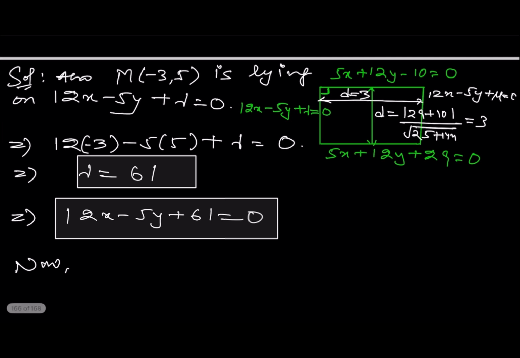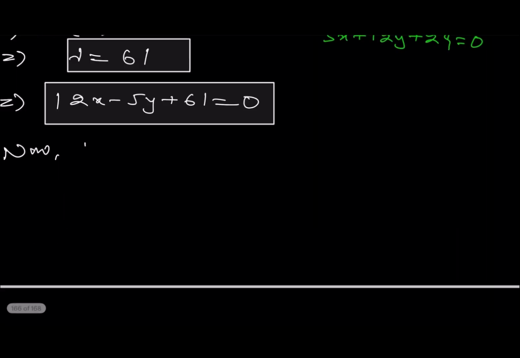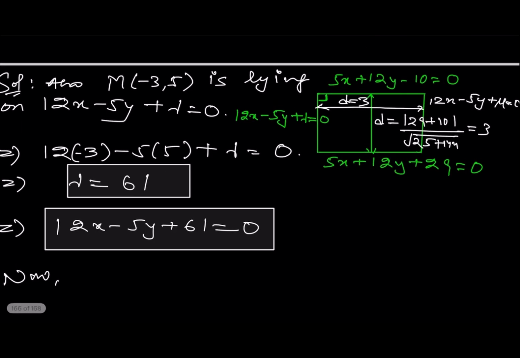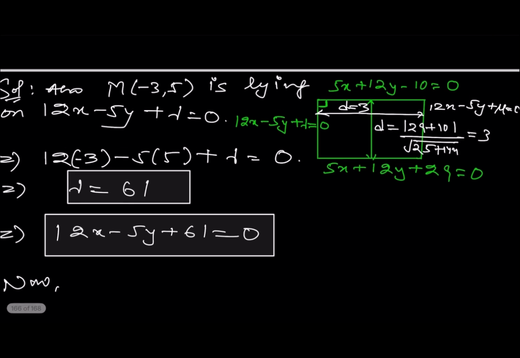So according to the question, now let's say this point minus 3 comma 5 is lying on this line, and the distance of this point from the other line is 3.